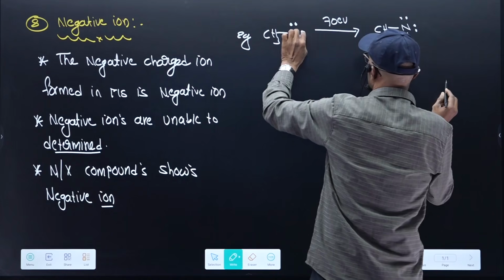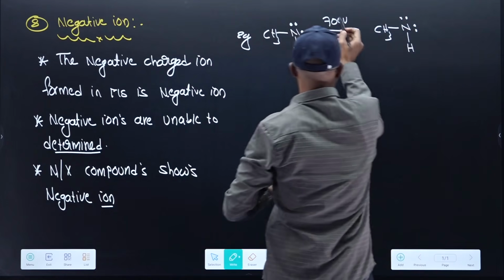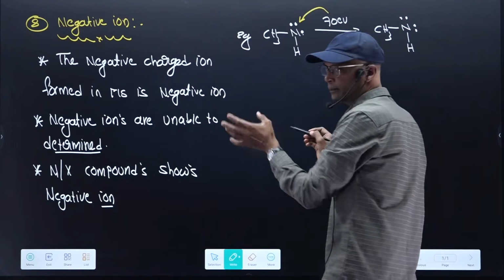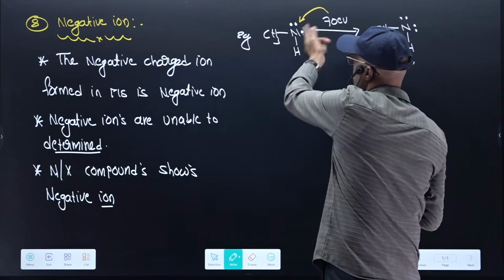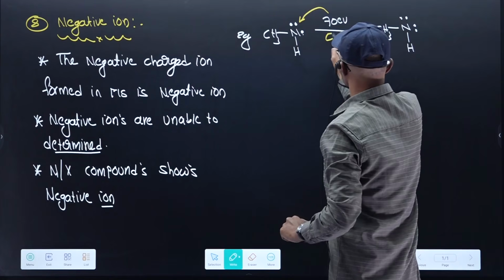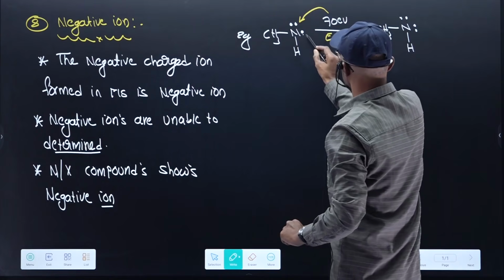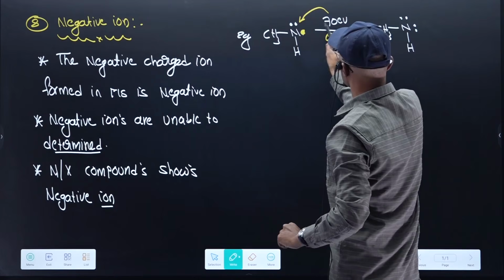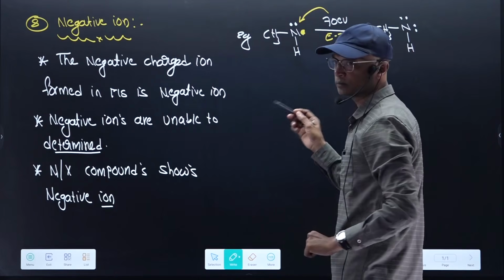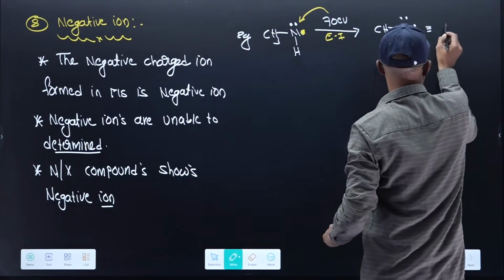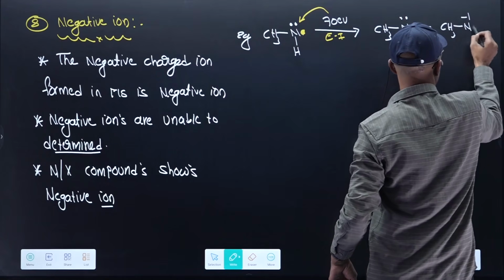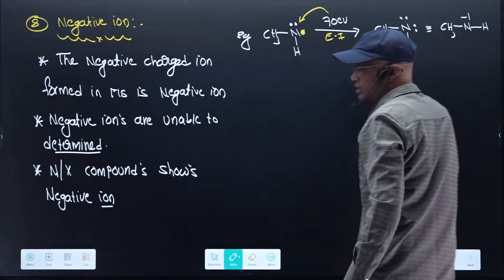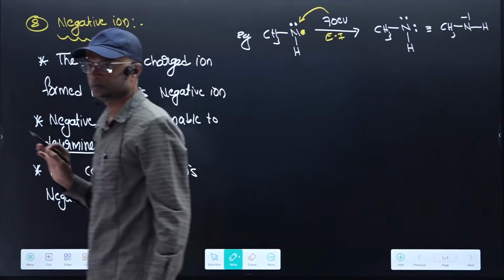Once it is bombarded, during collision what happens? They never lose an electron. It will take an electron from this electron impact. Once they take an electron, it will take 1 more electron from here and form a negative ion. So this ion we can also write like this. This is CH3, nitrogen, -1 and here hydrogen. Like this, otherwise like this. You can write it either way.